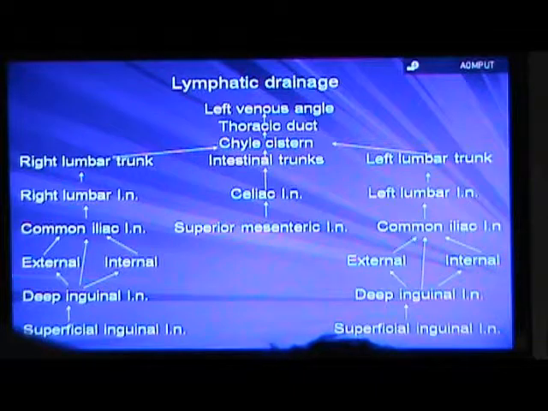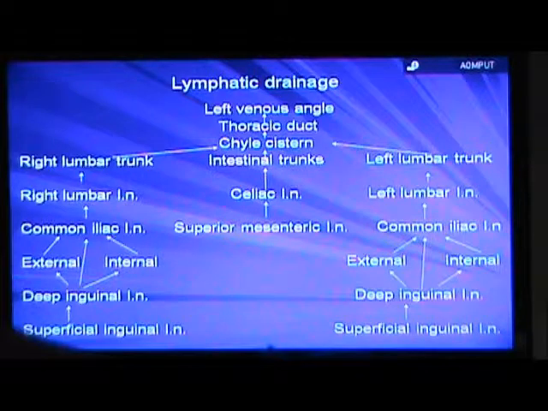These lumbar lymph nodes form the lumbar trunk on the right and left side. And these trunks form the chyle cistern.